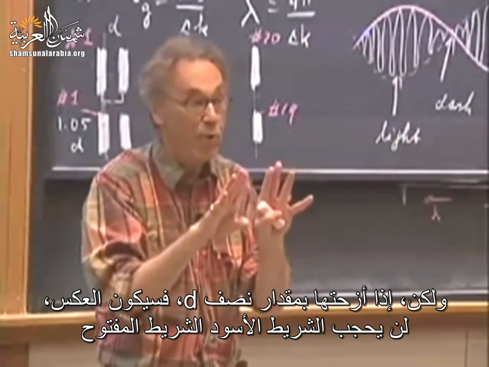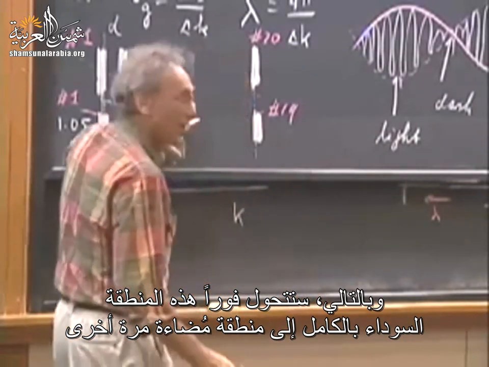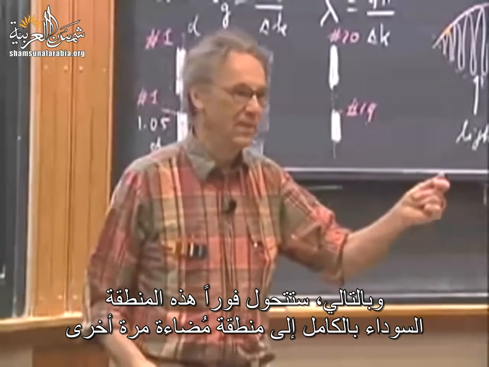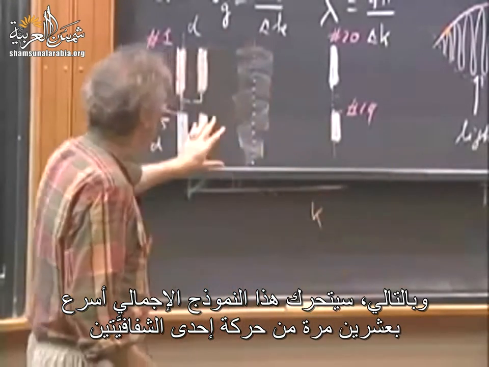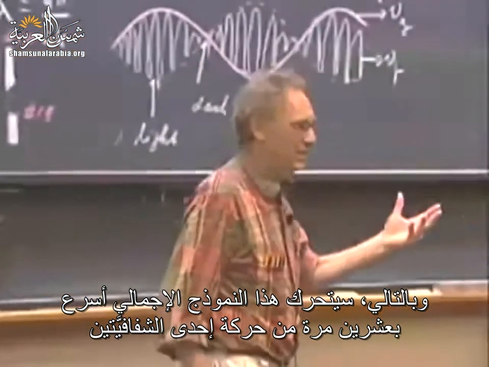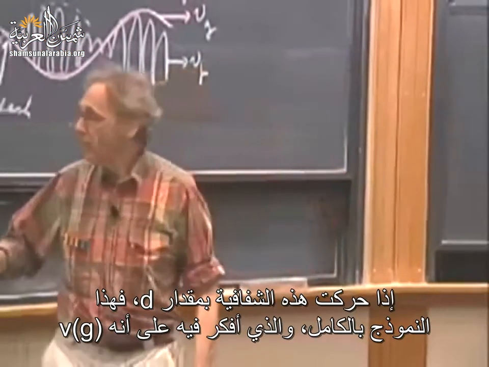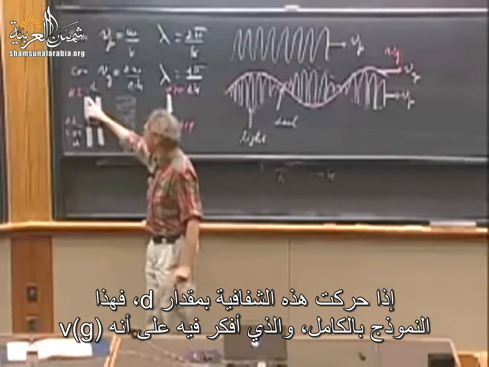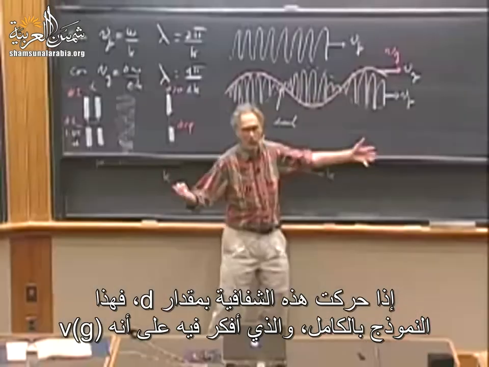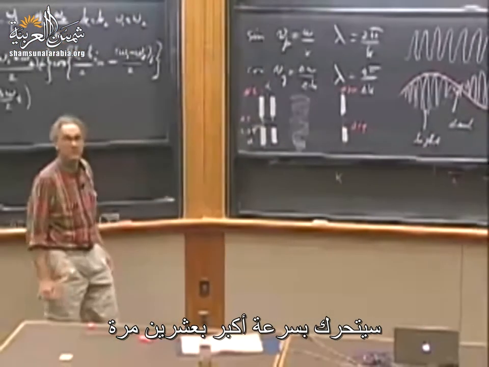The black ones will no longer occult the open ones, and so this whole black area will instantaneously turn to light again. And that means that this overall pattern moves 20 times faster than the motion of one of these sheets. If I move this sheet over a full distance D, this entire pattern that you see here, which I think of as being the group velocity, moves 20 times faster.